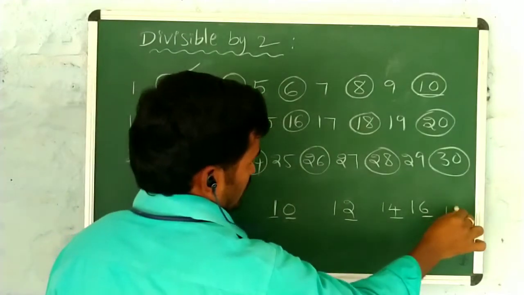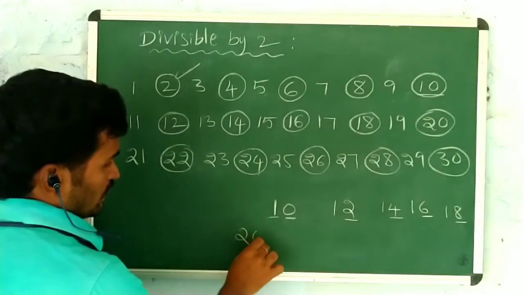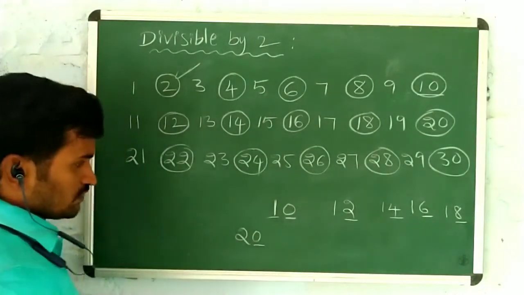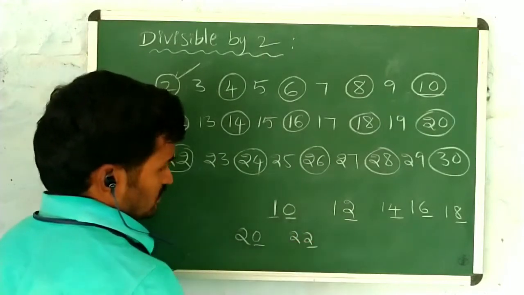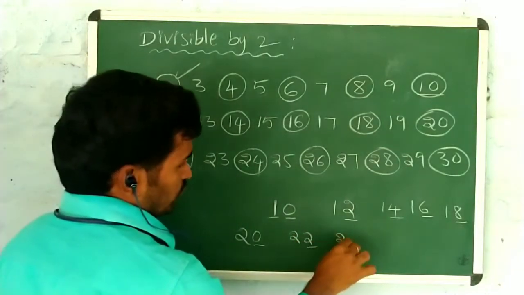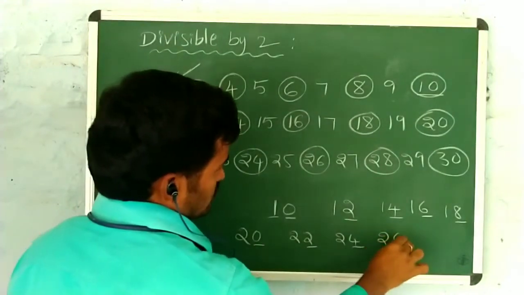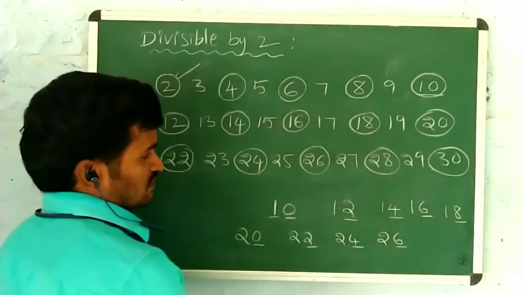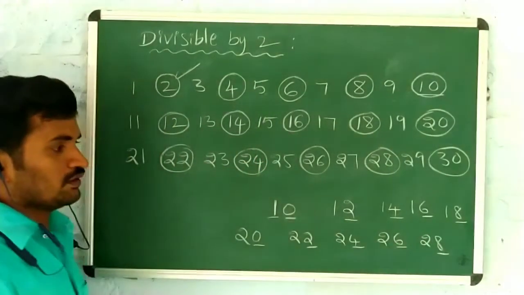If you take 18, ones place is 8. If you take 20, ones place is 0. If you take 22, ones place is 2. If you take 24, ones place is 4. If you take 26, ones place is 6. If you take 28, ones place is 8.